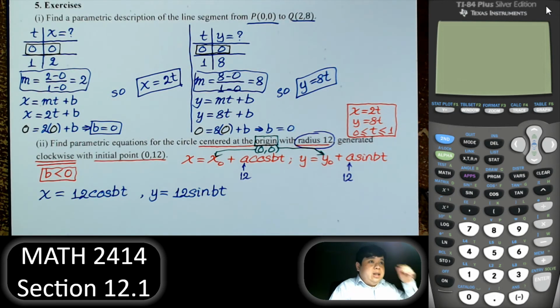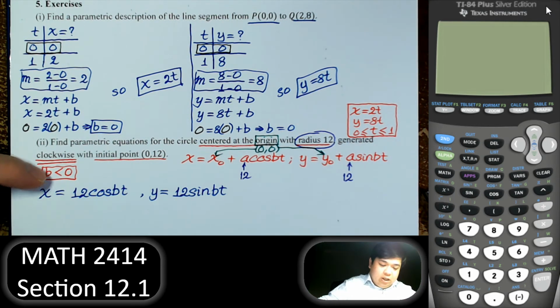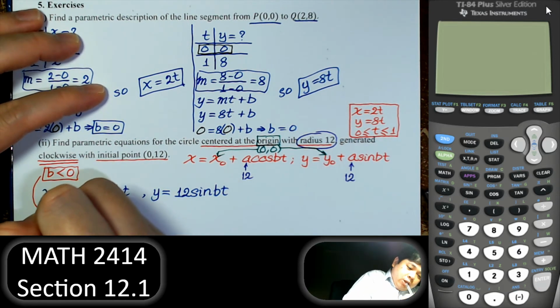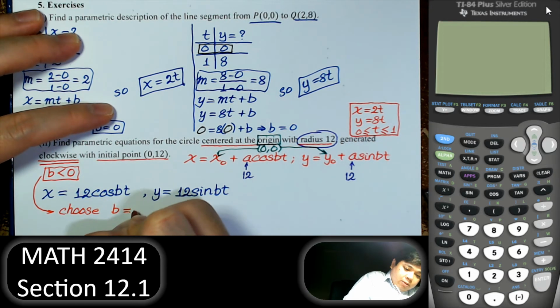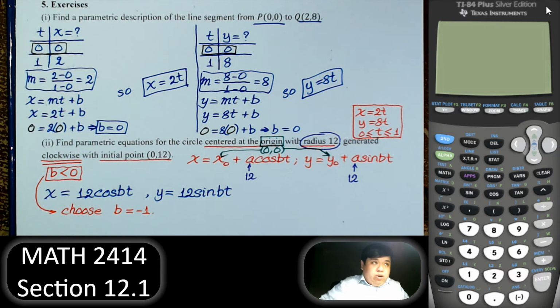So if we want to choose an interval to be 1, then that will be different. The interval to be 2, find the interval of t, then that will be different. Since this one did not specify, we can choose b to be either 1 or -1. So in this case, let's just choose b equal to -1. If we want to speed this up, we will do it differently. But for now, it did not say anything about the speed.